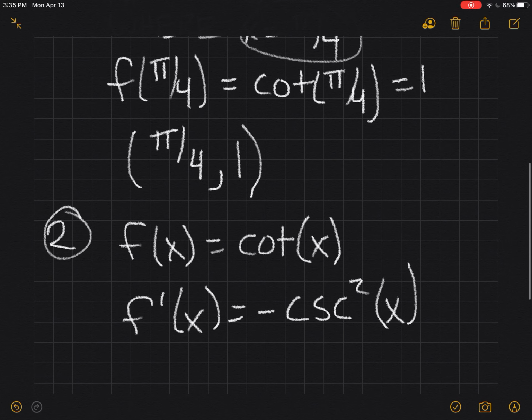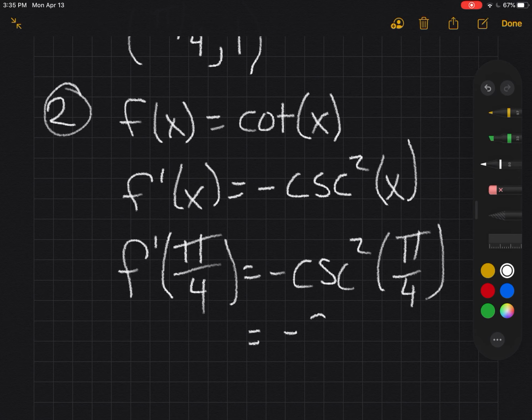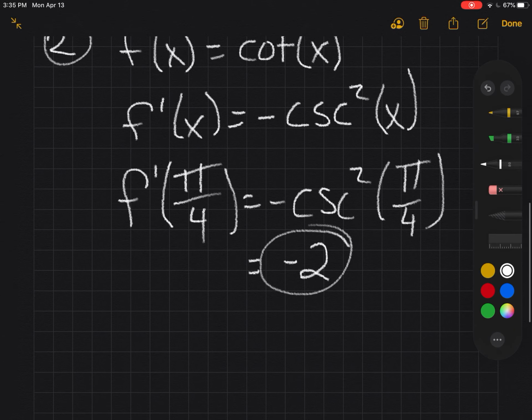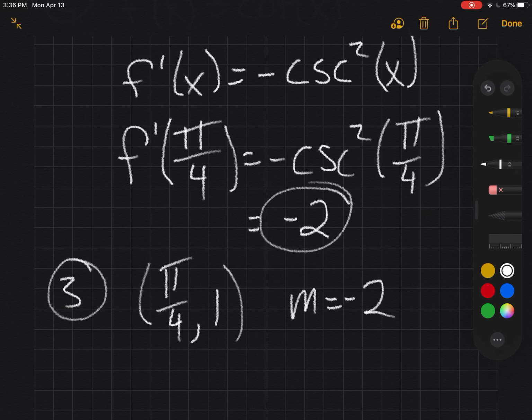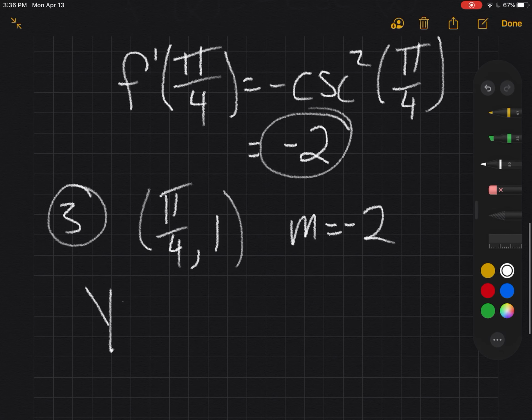So to find the slope at that particular point where x is equal to pi over 4, we plug in f prime at pi over 4, and that's going to give us negative cosecant squared at pi over 4, and that's going to give us negative 2. So that's going to be our slope.